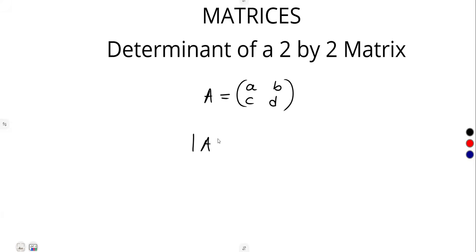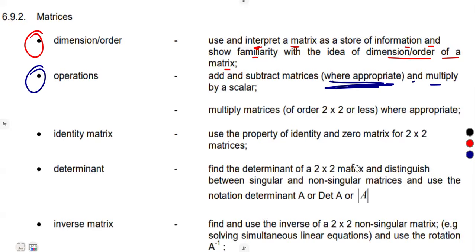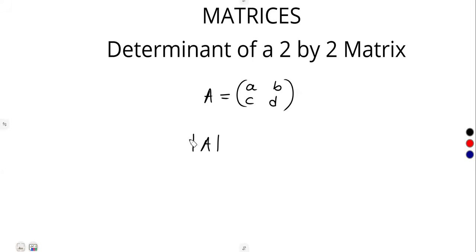This indication here is for determinant, or you can write determinant of A, or determinant A in short like this. It represents the determinant of a certain matrix. It is given by taking the product of the major diagonal, a and d.